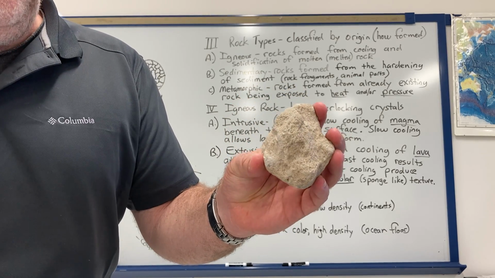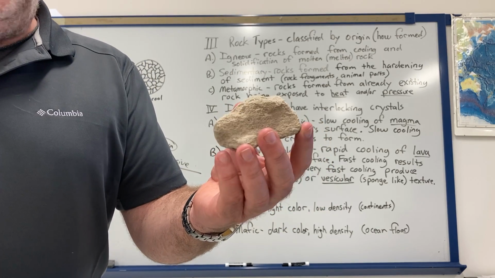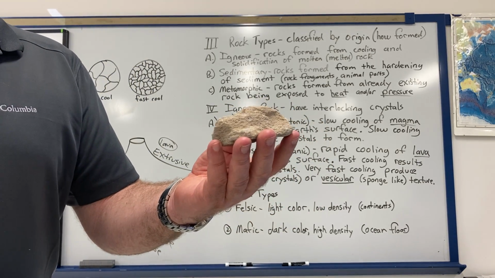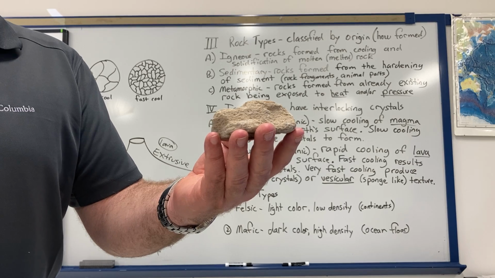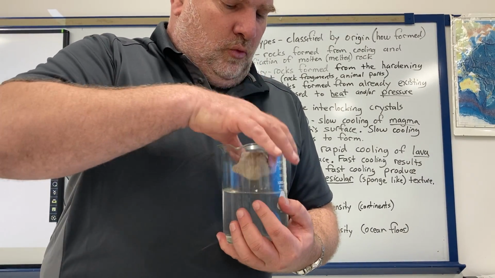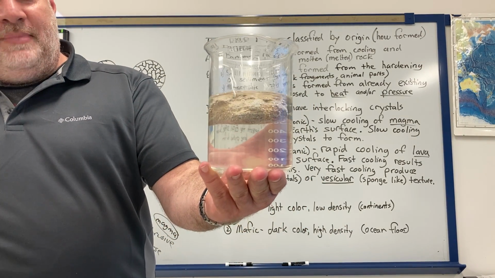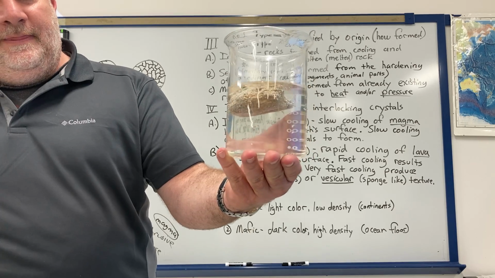Here you really can't see the air pockets too much because they're really small. This is a piece of the rock called pumice, and it has such a low density because it has so many gas pockets in it that if I put it in water, pumice actually floats. It has very, very low density.